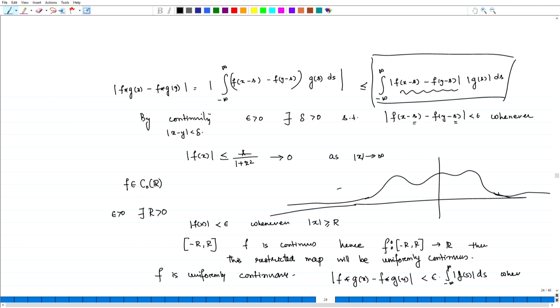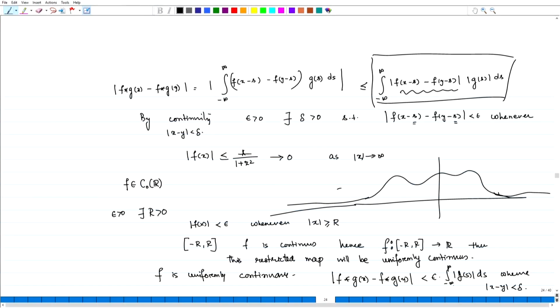whenever mod of x minus y is less than delta. So, we can choose our epsilon, because instead of epsilon, if we work with epsilon divided by the integral from minus infinity to infinity of mod g s ds, then this will give the smallness.